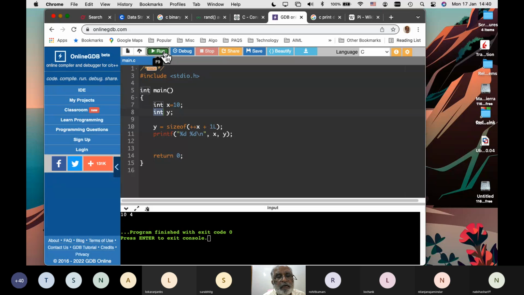So in sizeof, things never get evaluated. If it is a single operand, I believe you don't have to put parentheses. Even this should be fine as an operator, and that should also work.